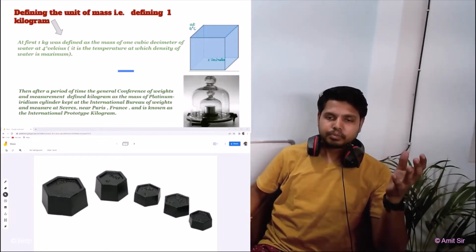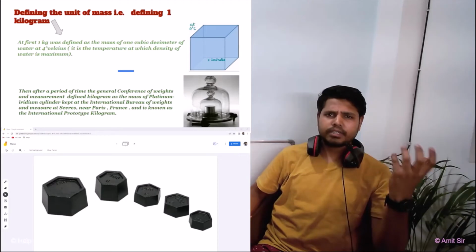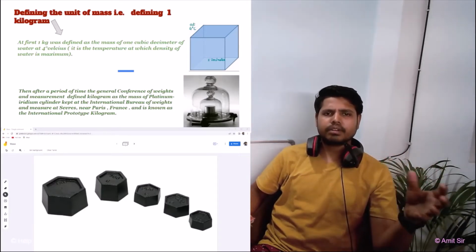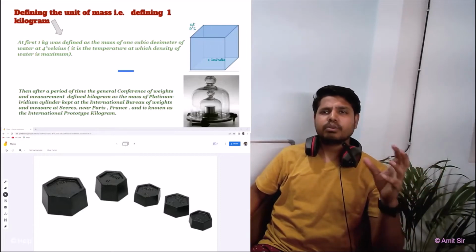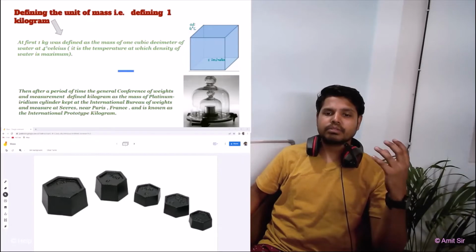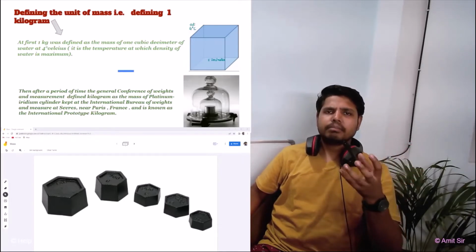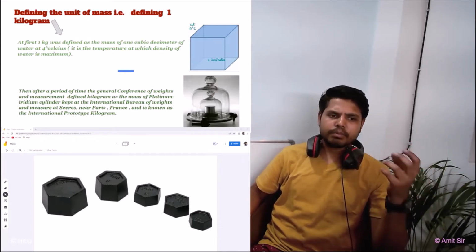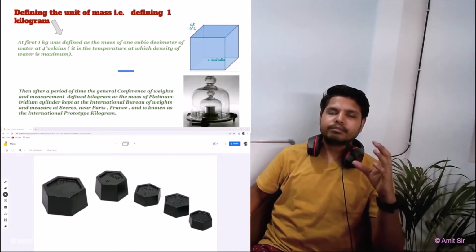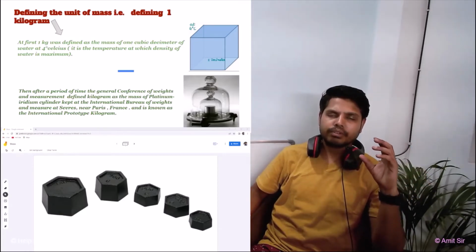After this, because water has different properties at different temperatures, to eradicate some problems another sample was prepared that was made of platinum and iridium, in the shape of a cylinder.